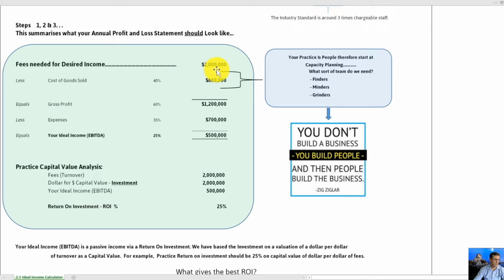You can see from here that if we want a desired income of around $500,000, our desired fees need to be about $2 million. And with $2 million we need to have the cost of goods at about 40%, our GP at 60%, our overheads and expenses at 35%, and that will give us our EBITDA of 25%, or $500,000.